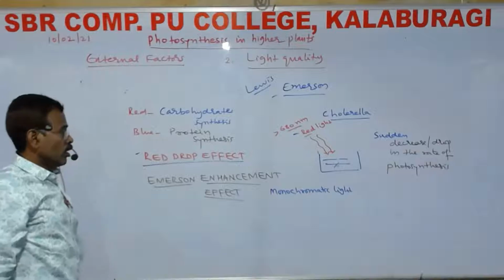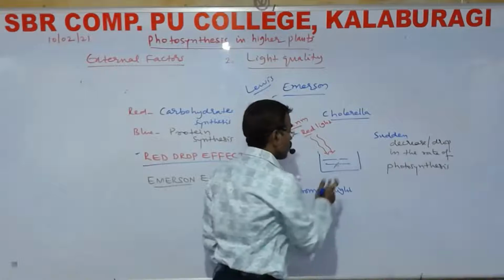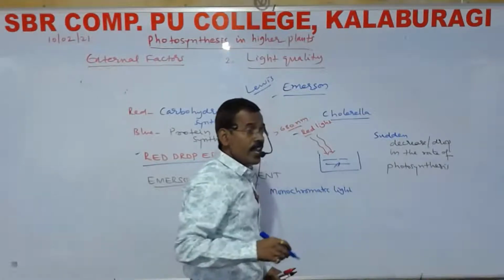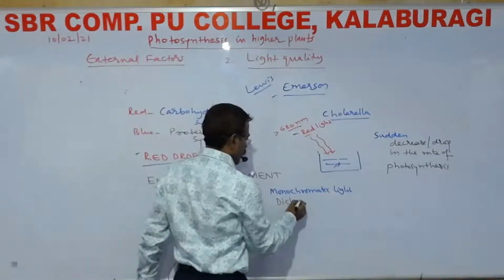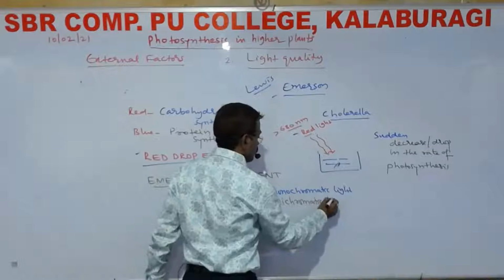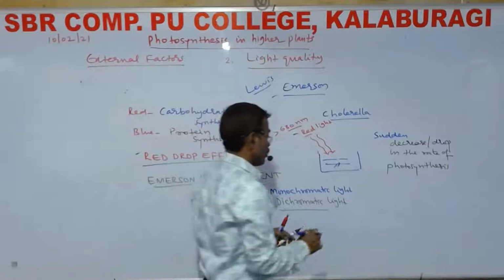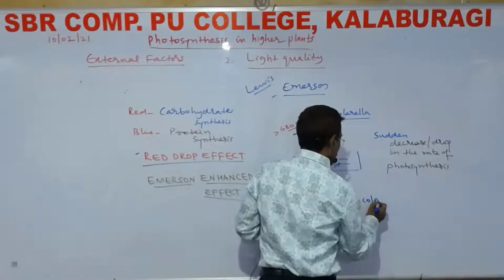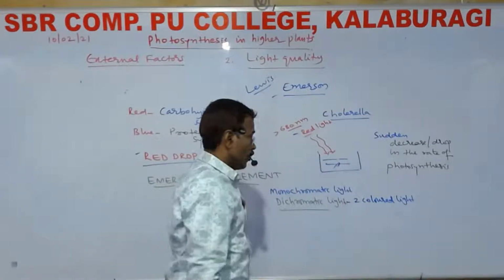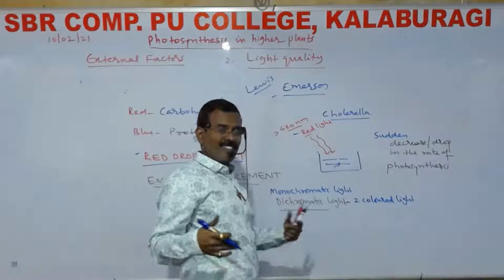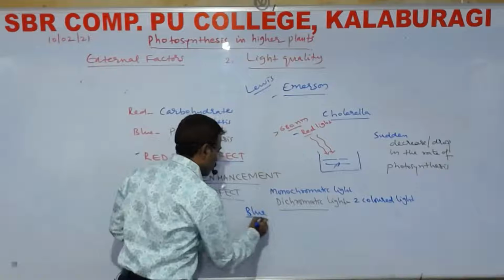Now, this chlorella culture, unicellular green alga, they exposed it to dichromatic light. Dichromatic light means two colored light. This time, not only they used red, they used blue.